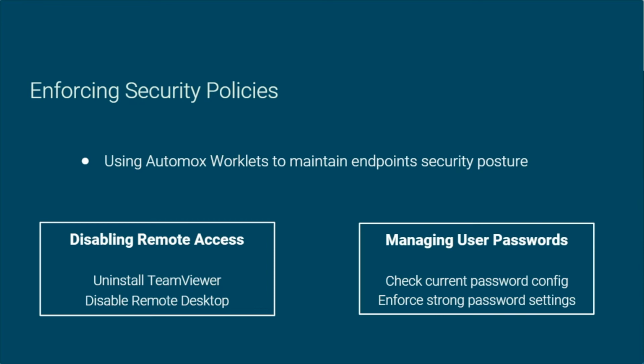So we're going to run a few policies across an endpoint to uninstall TeamViewer from that device, and also to disable remote desktop on the endpoint itself to ensure that it's not attacked through an RDP exploit. And then we're also going to be managing some user passwords, so checking current configurations that users are using on a system, and if they're not adhering to our security best practices, enforcing a change on that endpoint and making that user enforce strong password complexities when setting their passwords.